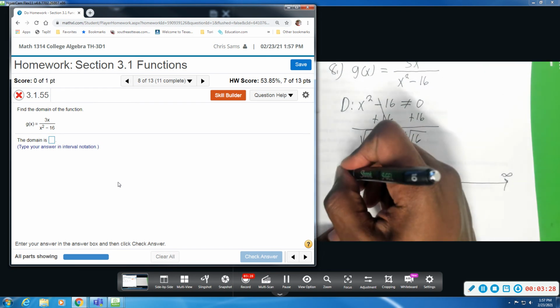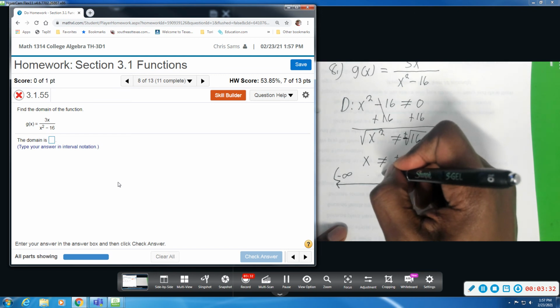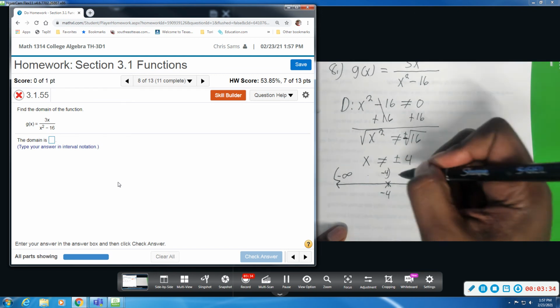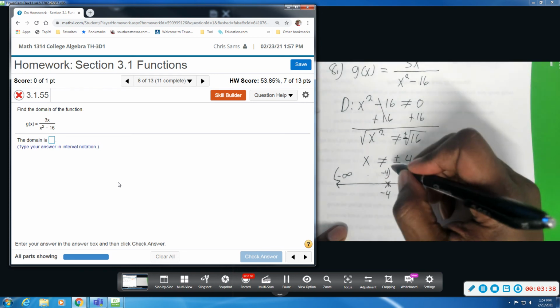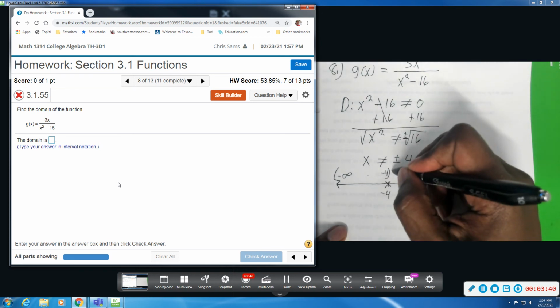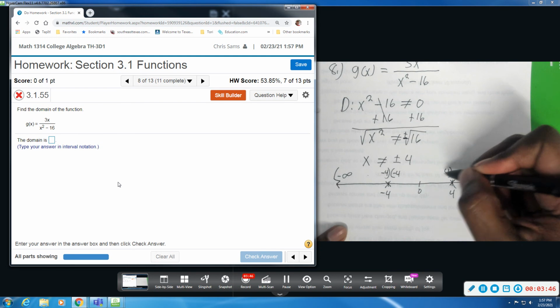So we have the section from negative infinity all the way up until we get close to negative 4, like negative 3.999999, and then we get on the other side of negative 4, and we go all the way up to positive 4, or as close as we can to it.